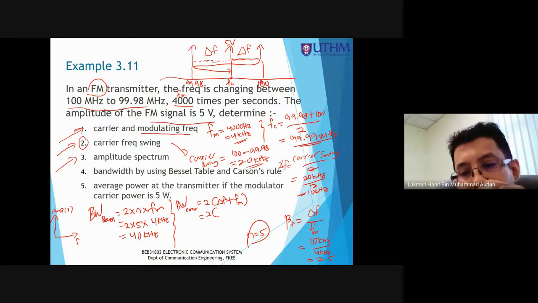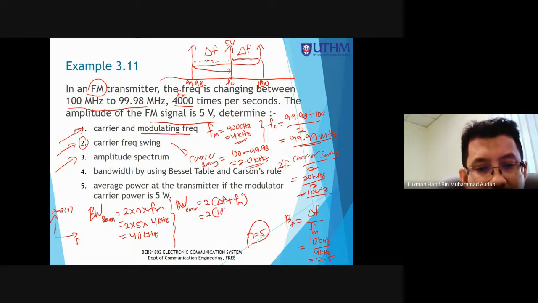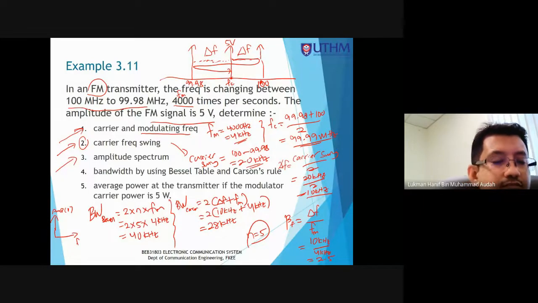Kalau Carson tak perlu tengok table. So delta F is given here. We already calculate delta F 10 kilohertz plus modulating signal frequency 4 kilohertz. Ini dalam soalan. So 14 times 2, 28 kilohertz. Selesai.